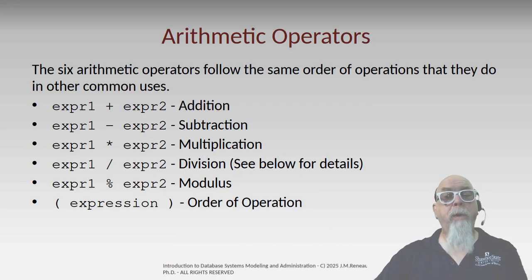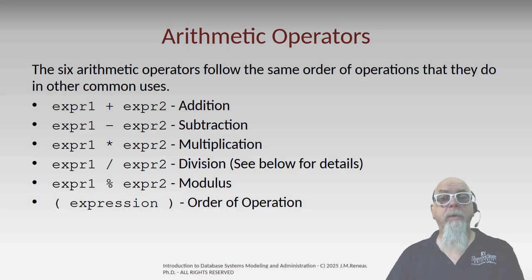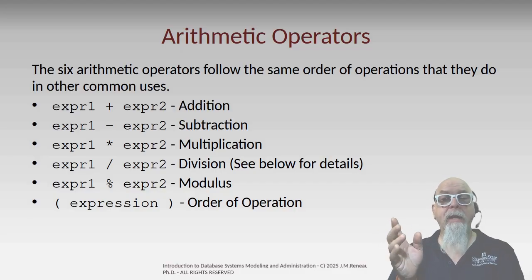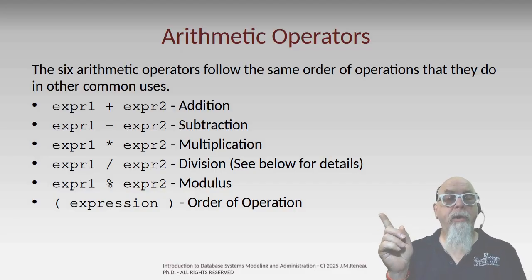In our prior video about the SQL select statement, I said that we could use expressions for columns in our select statement so that we could do math and other things. The standard operators that we use in SQL are similar to the standard operators we use in most other computer applications like spreadsheets, using a plus for addition, a dash for subtraction, a star for multiplication.